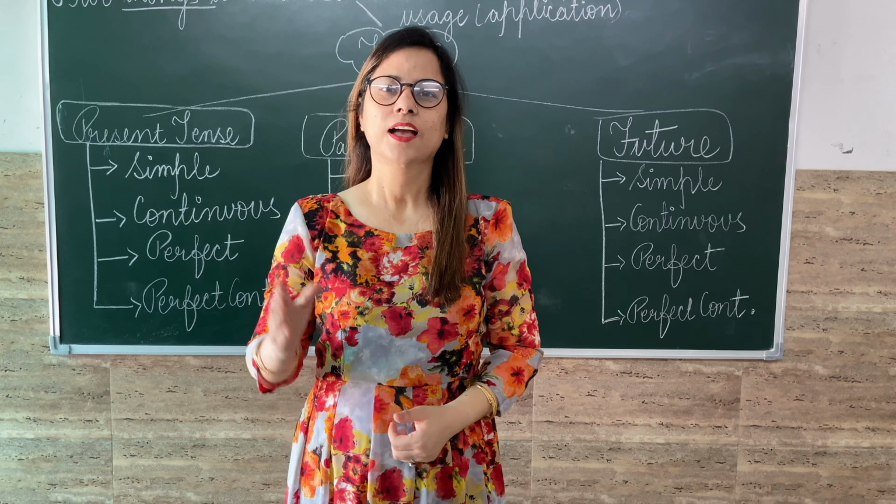One thing more I just want to tell you. Whenever you are using continuous tense, you have to use the verb ing form. Verb ing form shows continuity in action. Clear? Now let's see the rule. First of all, let me tell you the action that is taking place right now in present time.